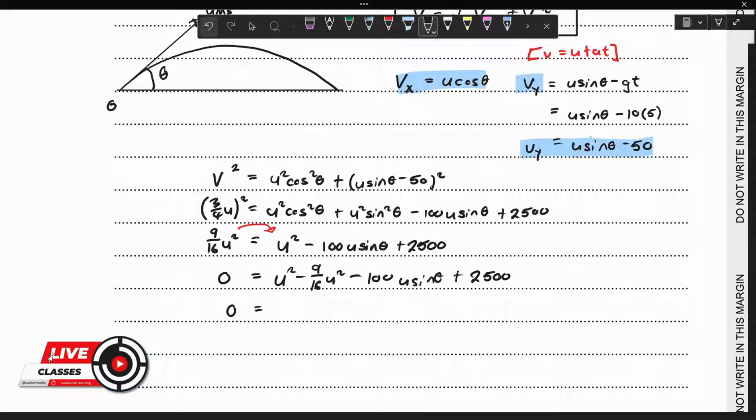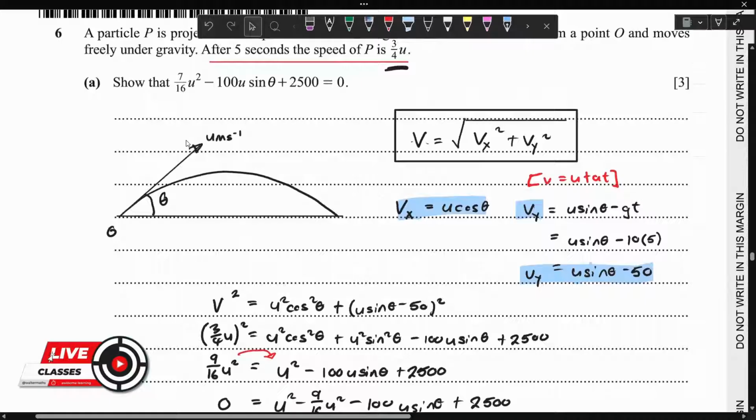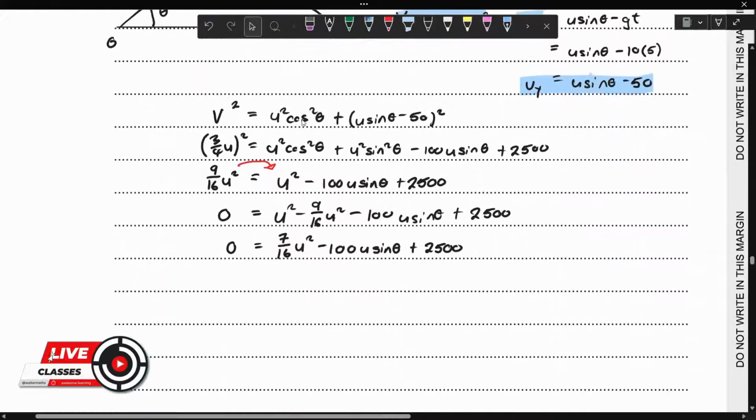It's 7 over 16. 7 over 16 u squared minus 100 u sine theta plus 2,500. I'm sure that's what they want us to show here. So we'll say here shown.